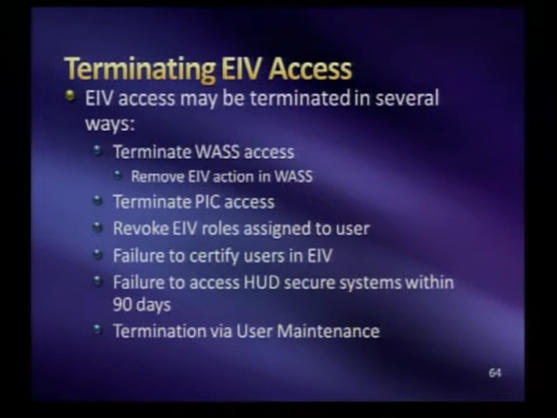And then, as I mentioned yesterday, on September 23rd, if you do not access the HUD secure systems within 90 days, WAS will automatically terminate your access. And again, there's a new alert within WAS when you log in to let you know the date that you need to access the system again, at the latest, to avoid being automatically deactivated in WAS.